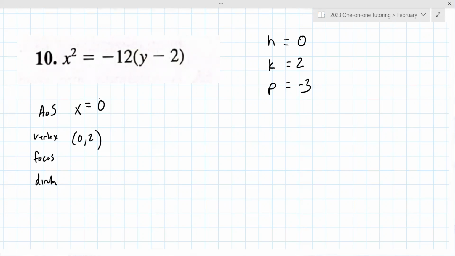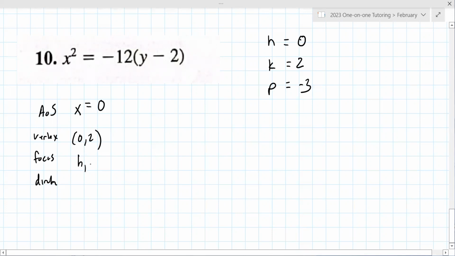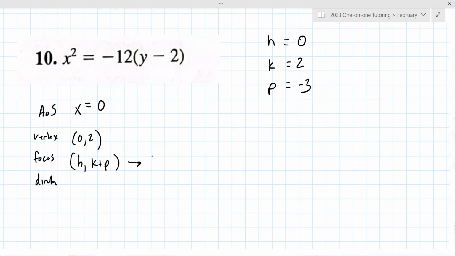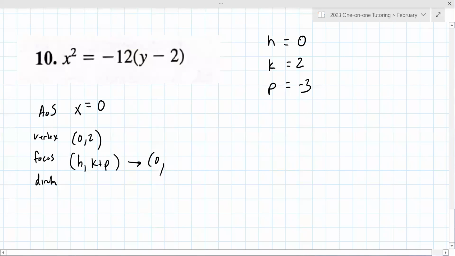Focus. The focus is... It's good to write the formula, especially the first times you're doing it, h comma k plus p. Right, put the numbers in. That would be 0, comma 2 plus -3. That's right. And the result is -1.